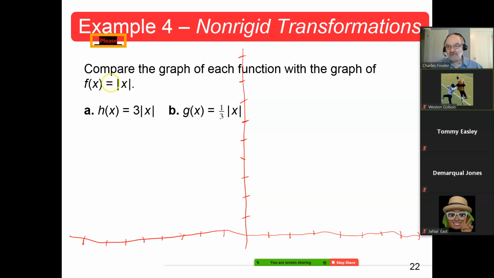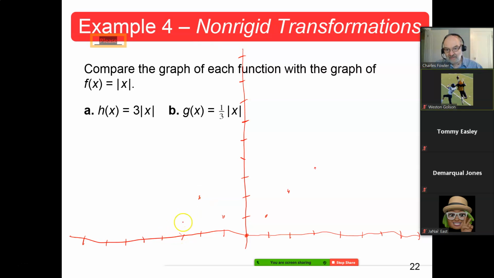Now, absolute value of x. When x equals 0, y is equal to 0. Starts at the origin. When x is equal to 1, the absolute value of 1 is 1. That goes right there. When x equals minus 1, the absolute value of minus 1 is also 1. So that goes up here. 2 will be 2. Negative 2 would be 2. 3 would be 3.